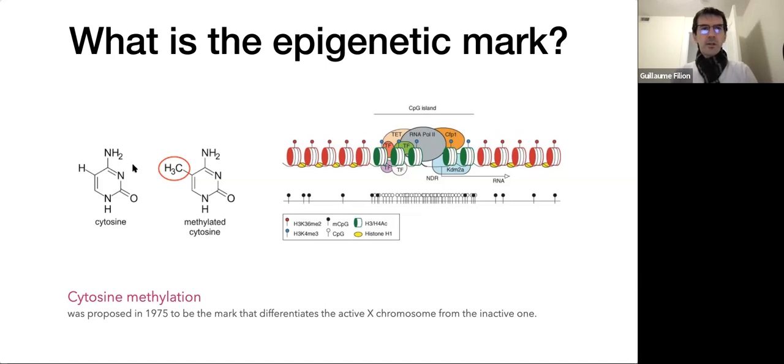That's a cytosine, and in position 5 of the ring, so 1, 2, 3, 4, 5, you have this CH3 there, which is usually not present for a cytosine. So you can put a methyl group, 1 carbon, 3 hydrogen, in position 5, and that creates methylated cytosine, also known as methyl cytosine.